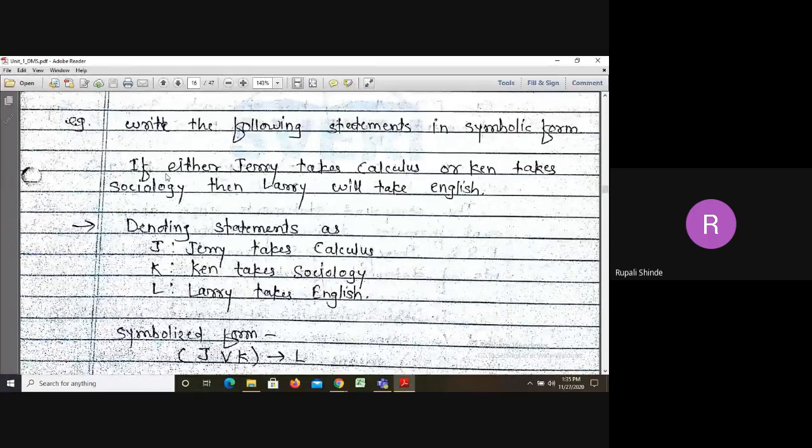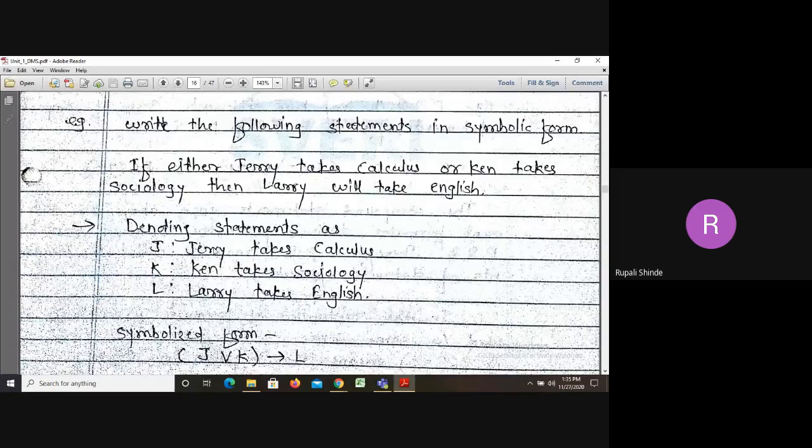How? If either Jerry takes calculus or, so first statement or second statement, and the variable for the first one is J or second statement is K. That's why these two atomic statements are connected by the OR symbol, disjunction.